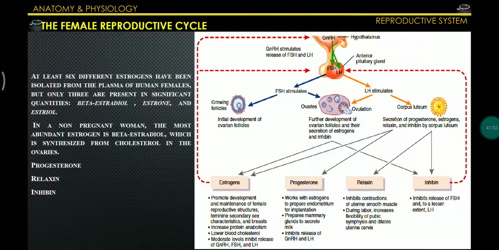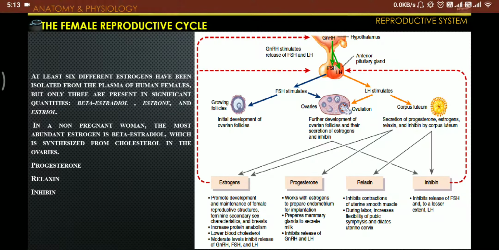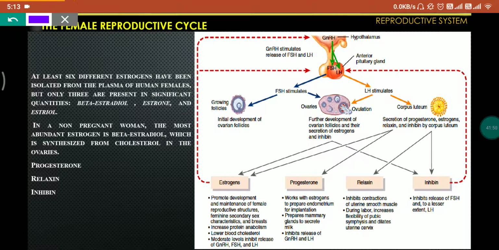How is the hormonal control? Gonadotropin releasing hormone is secreted from the hypothalamus, and it stimulates the anterior pituitary to produce follicle stimulating hormone and luteinizing hormone.